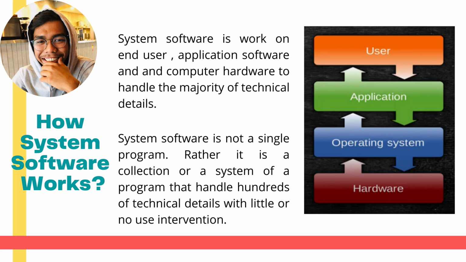If you see the model on the right side, these are the four layers that involve system software. Firstly, the hardware will receive input from the user, such as through a mouse or keyboard, to perform some tasks, and then it will go through some process in the operating system, and the application layer will perform the task and give an output to the user.